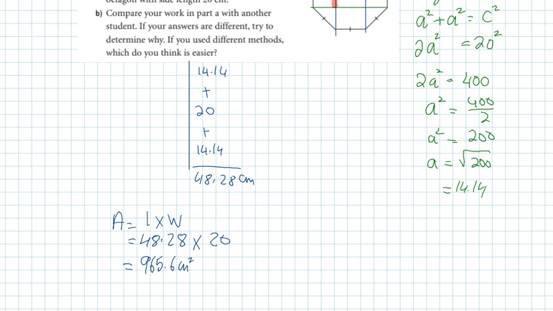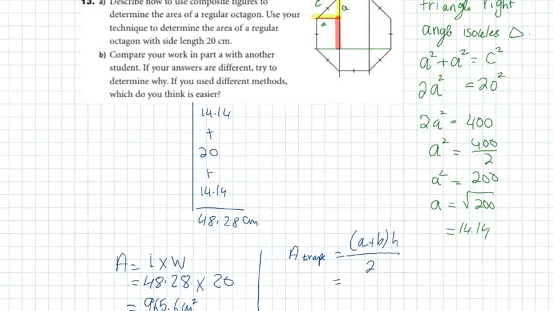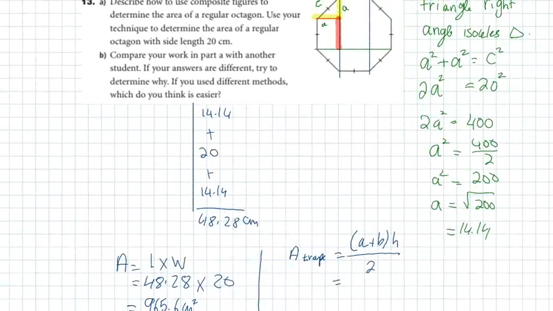The area of the trapezoid is A plus B times H over 2. Remember that A plus B are the lengths of the two parallel lines, right? So it will be the length of this and the length of this, times the height, which I already know, and then divide by 2.